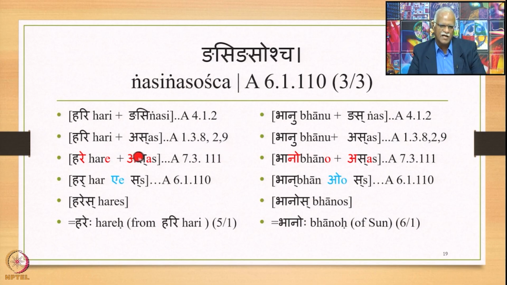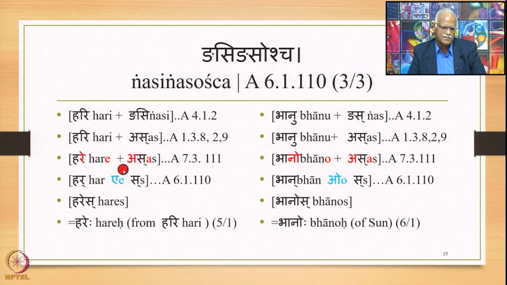So we have Hari plus As. Now, in this case, Iko yanaci has the scope of application, but that is cancelled by 7.3.111, which substitutes guna in place of this I, Gher Ngiti.